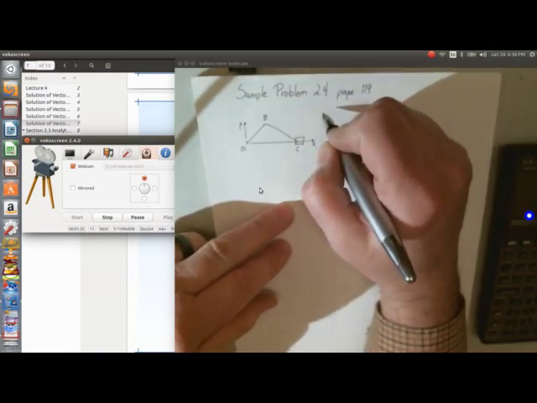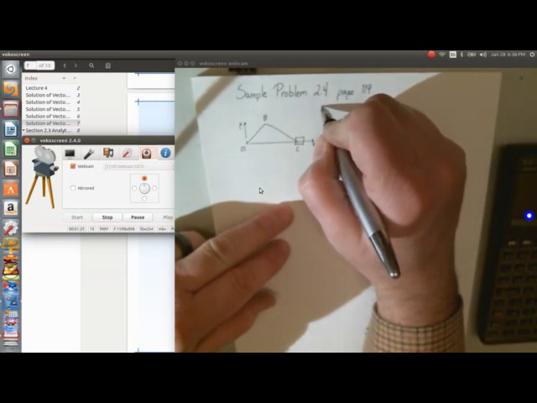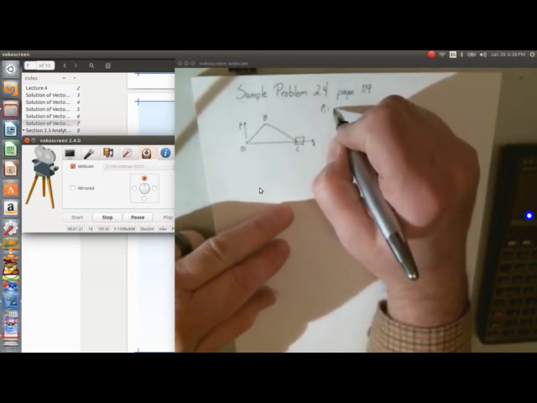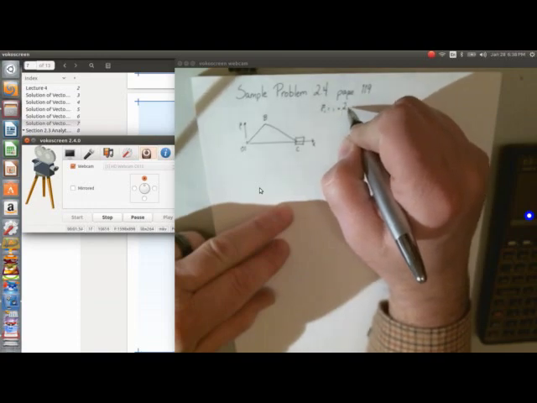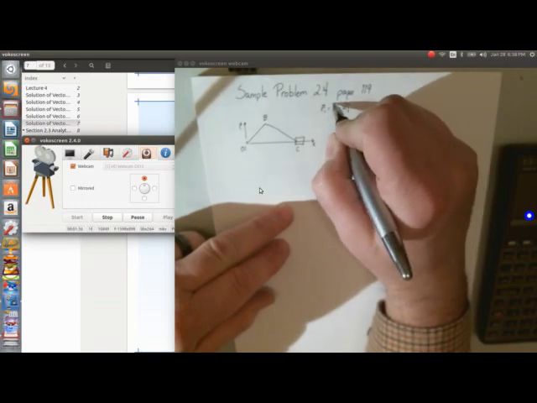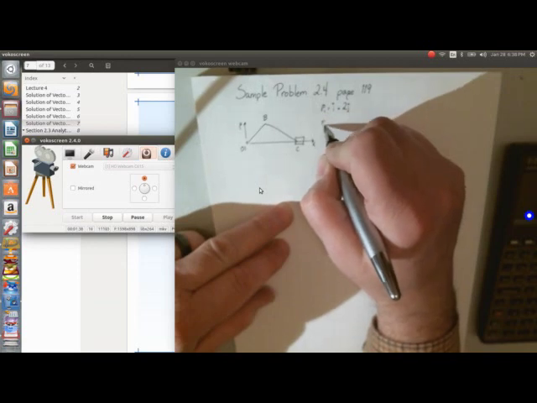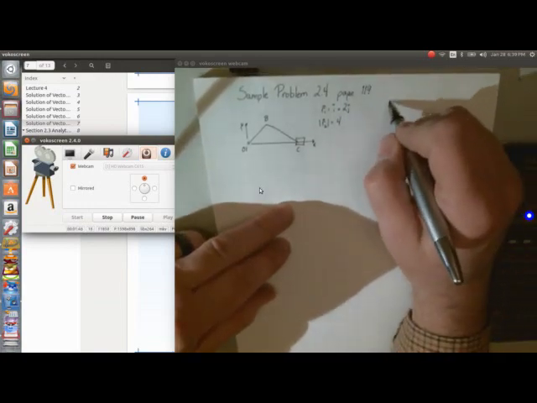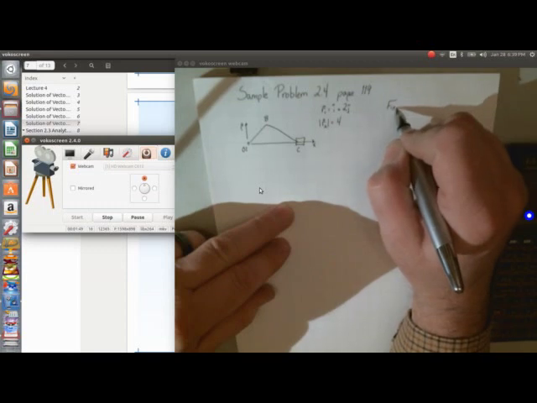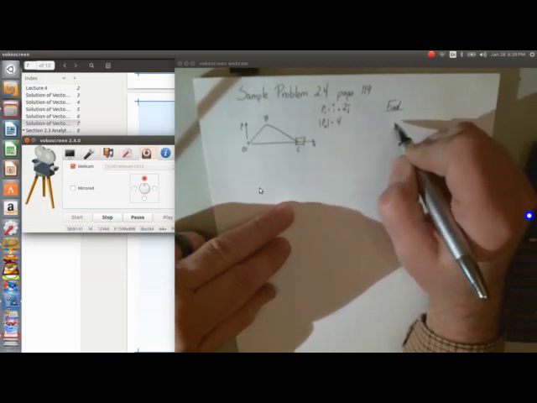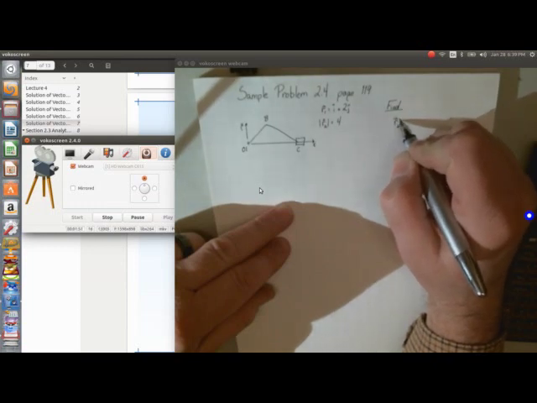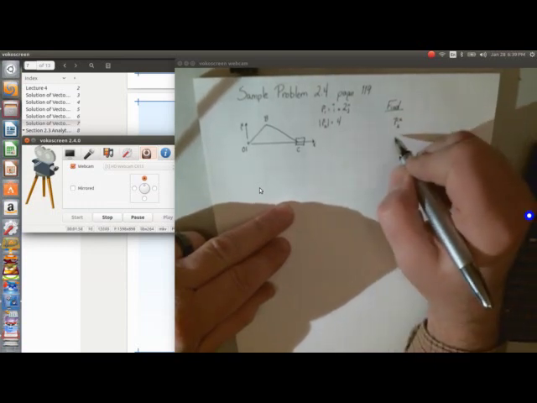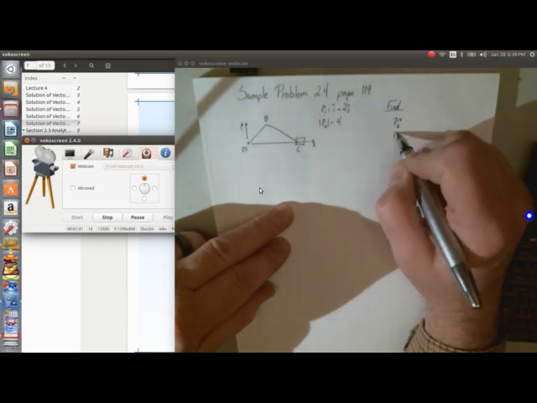We're told that r sub 1 is equal to i plus 2j, and r sub 2 is equal to 4, and we want to find r sub 2 u, its direction, and r sub 0.